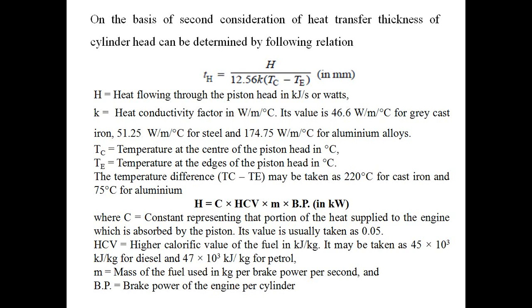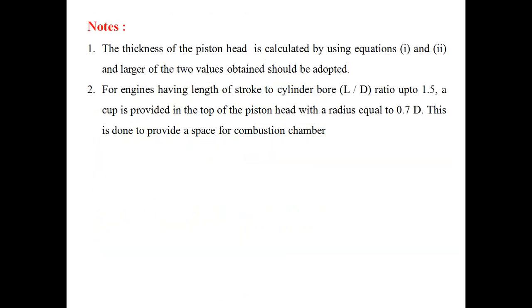The value of high calorific value is different for different types of fuel: for diesel, SCB value is 45 into 10 to the power 3 kilojoule per kg, and for petrol 47 into 10 to the power 3 kilojoule per kg, and m is the mass of fuel used in kg per brake power per second. BP is the brake power of the engine per cylinder.